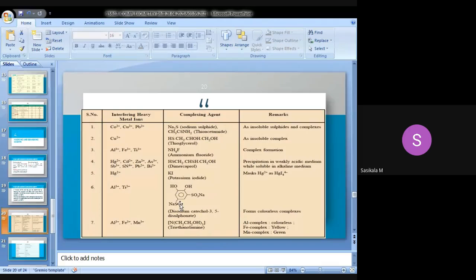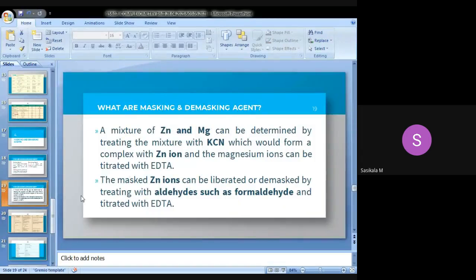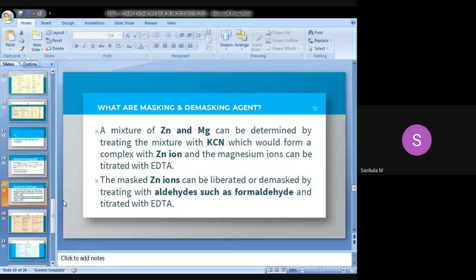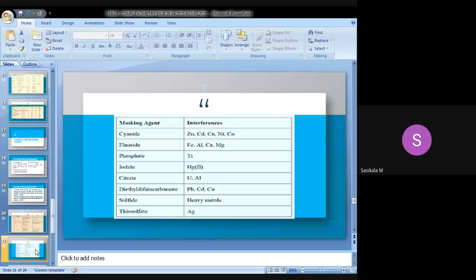These are all different masking agents used with particular interfering metal ions, and they will be demasked with aldehydes. Metal can form a complex with any masking agent, and the masked metal will be demasked with aldehydes. Mainly formaldehyde is used as the demasking agent.